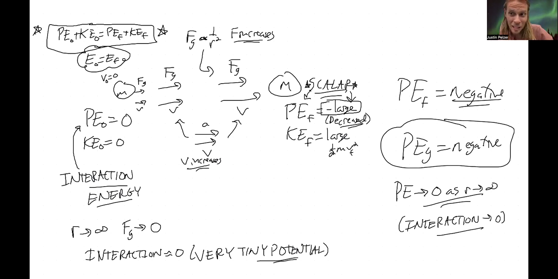But it never actually reaches zero. There's always some interaction. But the interaction is negative, which, by the way, relates to the fact that this is an attractive force. If you have a negative potential energy, that's an attraction, which we can prove eventually.